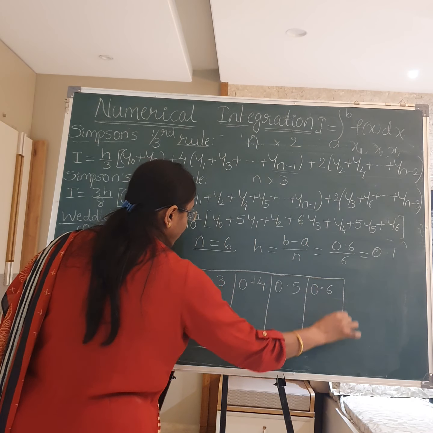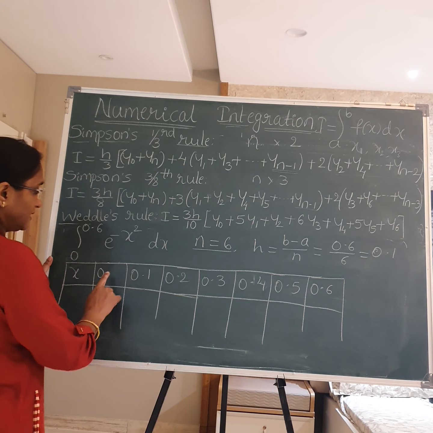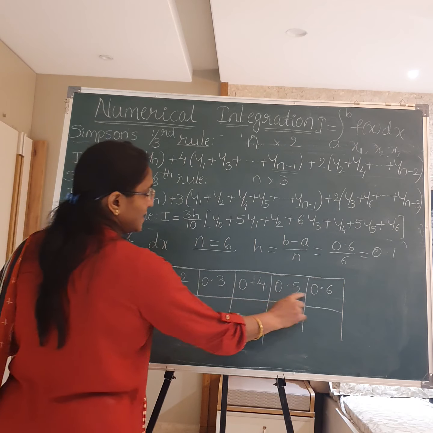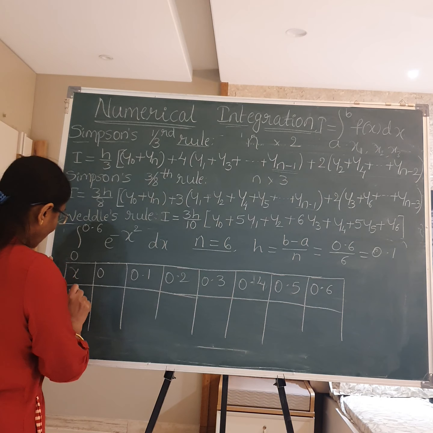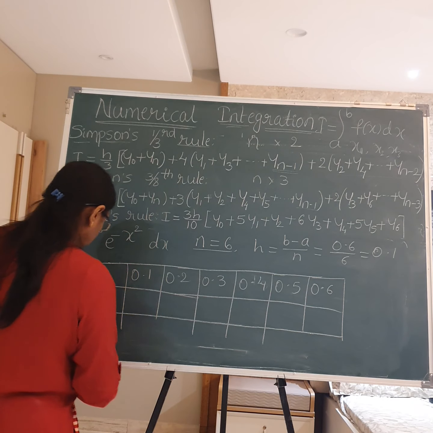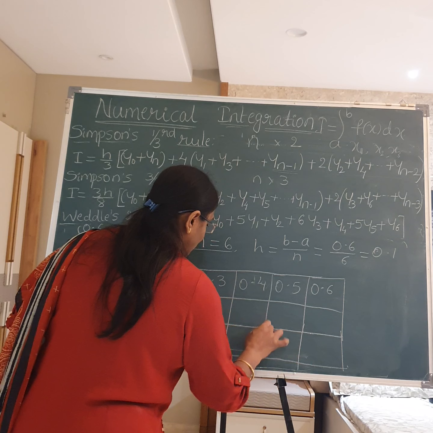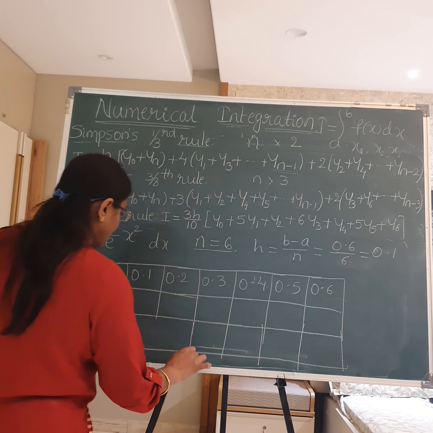These should be 7 numbers because n is equal to 6 means 7 ordinates: 1, 2, 3, 4, 5, 6, 7. Now calculate y. To calculate y, here e raised to minus x square is there. Take a calculator with you. How to calculate this?